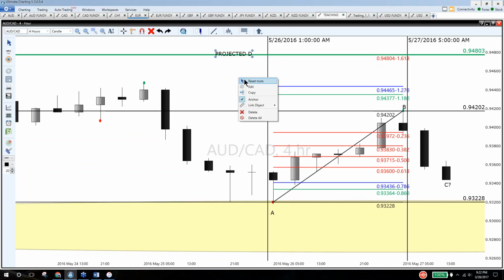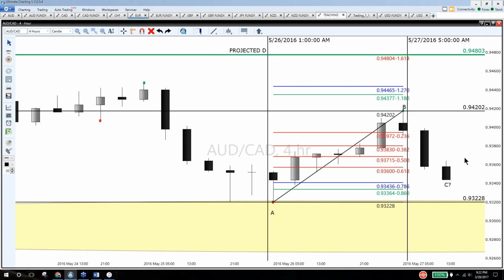The market will not satisfy the D extension until it gives us a high, like Mohammed said, with 2 to the left, 2 to the right in an uptrend, or in a downtrend, a low with 2 to the left, 2 to the right. So this is where the market is expected to go. If the market should exceed that, that's not our problem. But this is where the market is expected to go with respect to the Fibonacci.